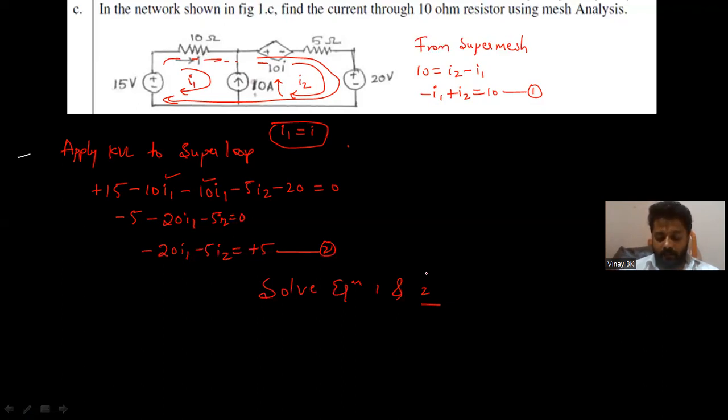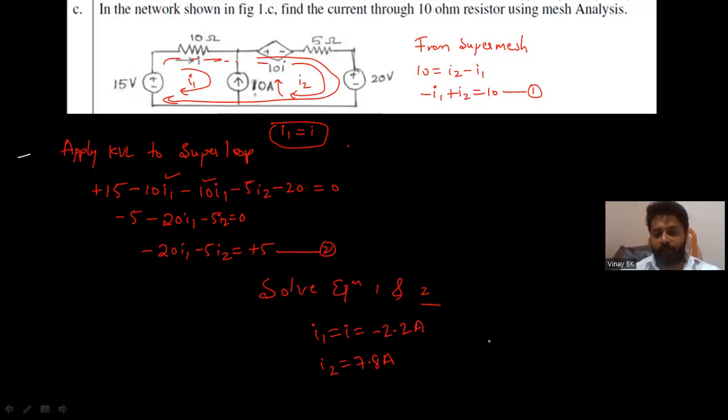So you can get I1, or I, is nothing but minus 2.2 amperes, and also I2 is nothing but 7.8 amperes.